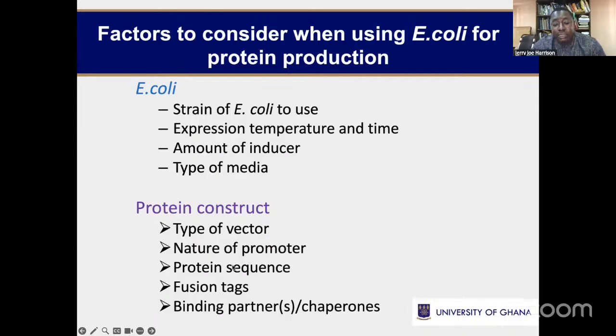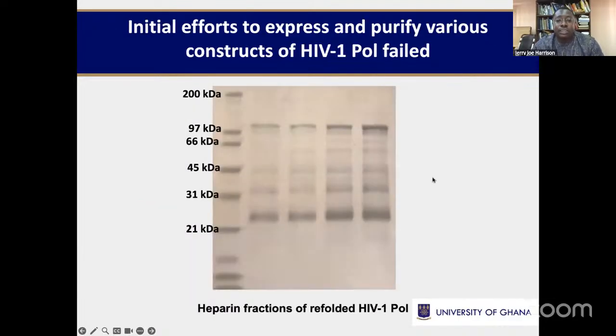Sometimes the protein sequence does affect whether your protein gets expressed or not. Tags can be very important, as can other binding partners and chaperones. So there are things that you can do on the protein side to make sure that you are successful. And so we went through all these with our initial construct.